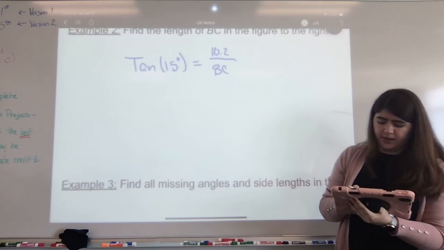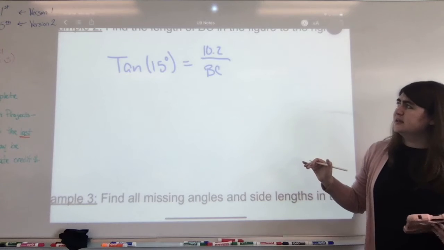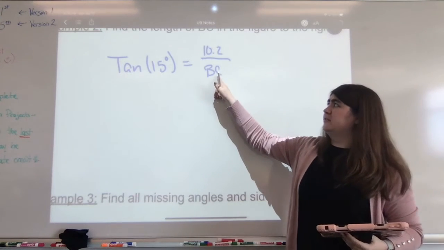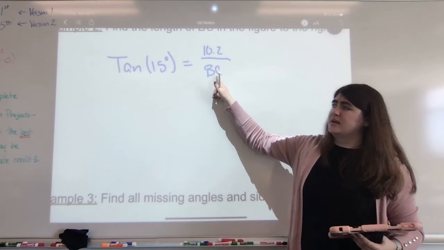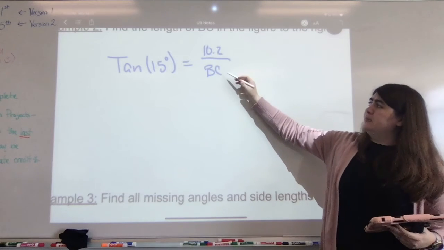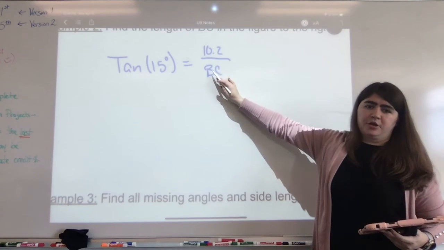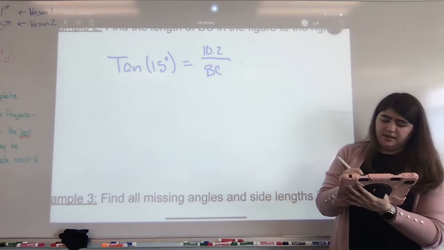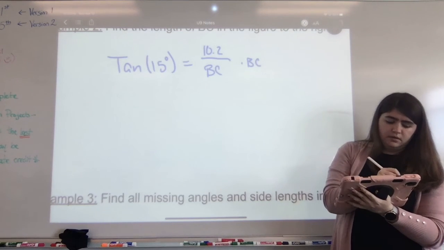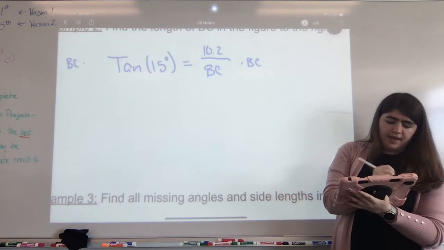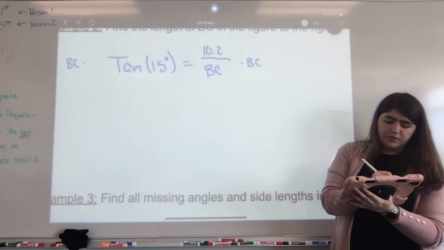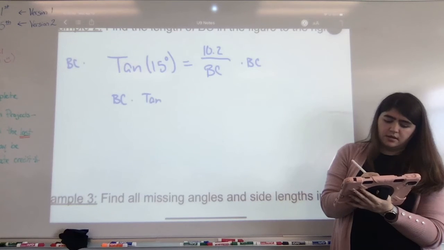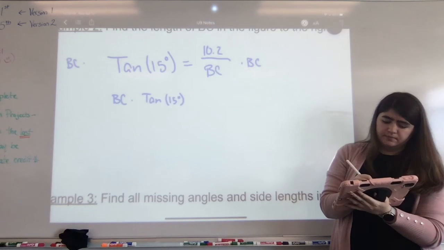All right, I'm going to zoom in on this here. I need to get BC by itself. The best way to do this is to get BC out from the bottom of the fraction. So I'm going to start by multiplying both sides by BC. That means that 10.2 is equal to BC times the tangent of 15 degrees.